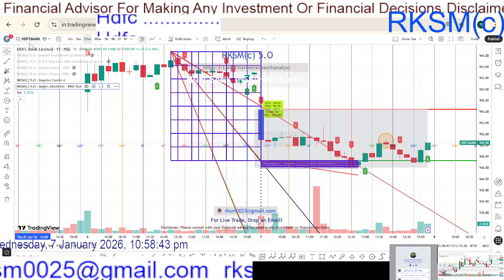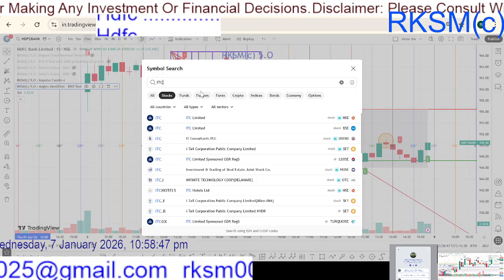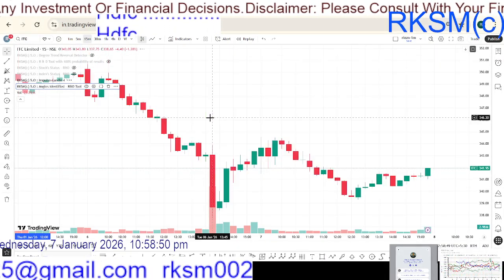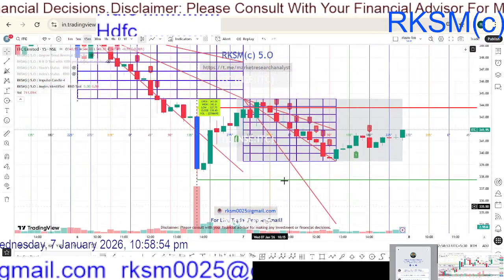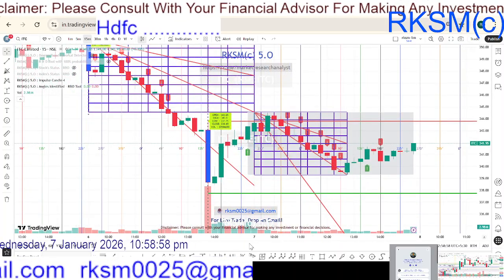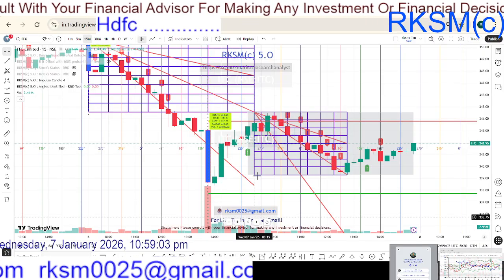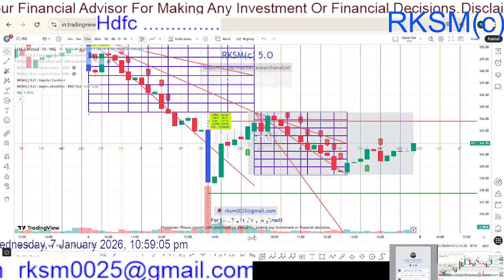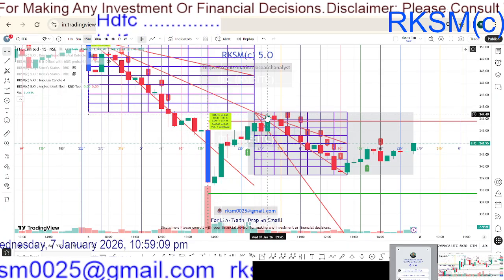So in the ITC chart we can figure out what happened today. You see the market opened at 9:15 on the 7th of January, opened at this point, bent up and is going down.